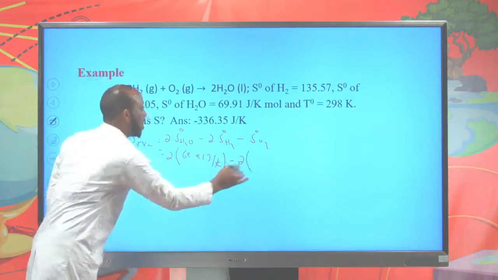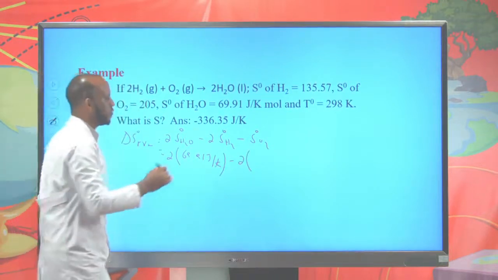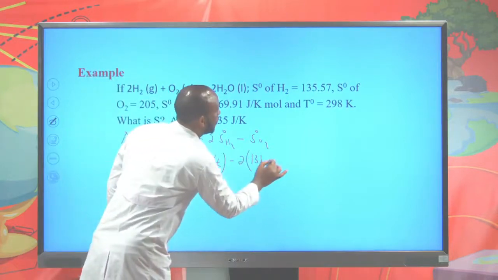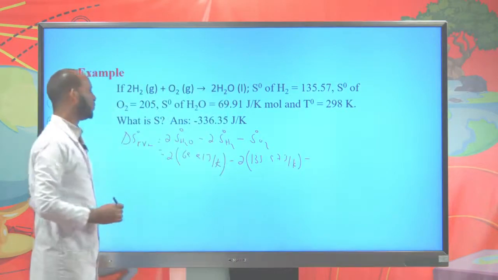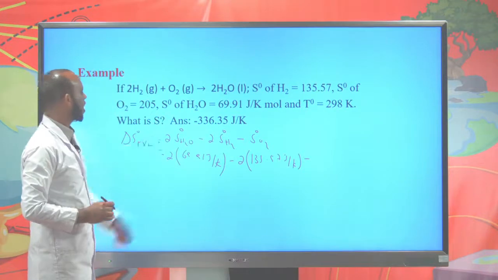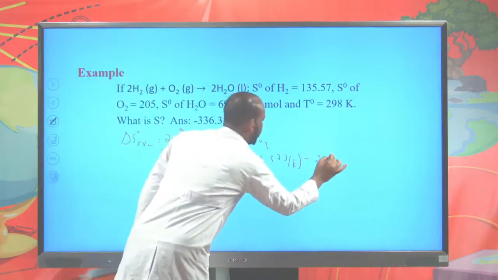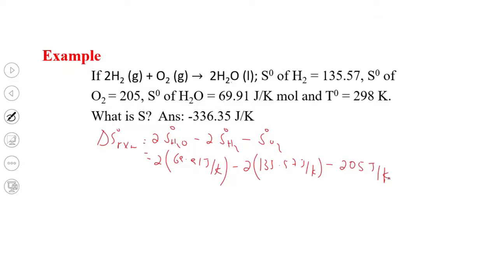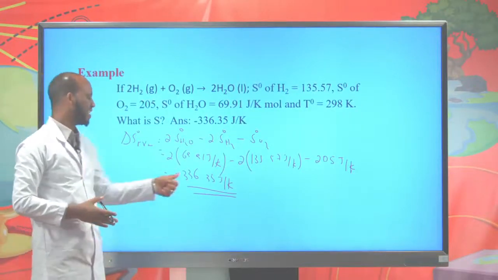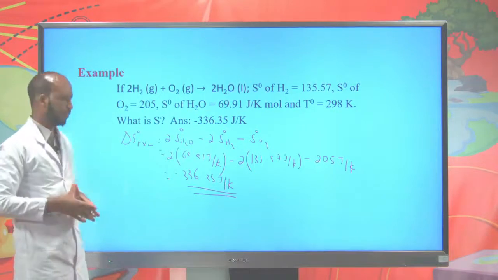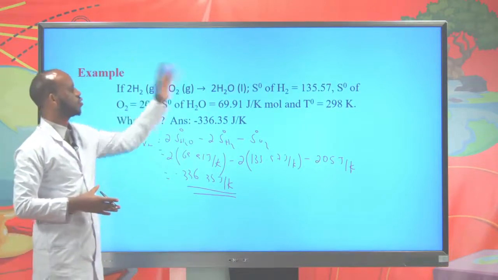Minus 2 times the molar entropy of hydrogen, 135.57 joule per Kelvin. Minus the molar entropy of oxygen, 205 joule per Kelvin. Now this gives minus 326.35 joule per Kelvin. You see, it's negative. Entropy change delta S is less than 0. You see the change from gas to liquid.